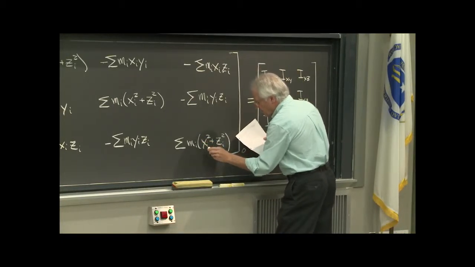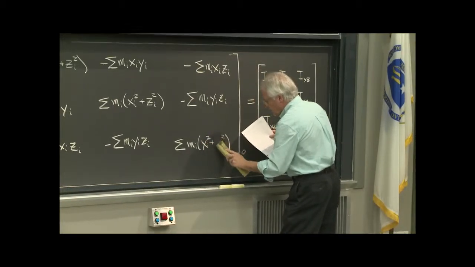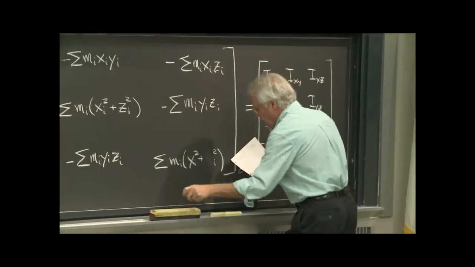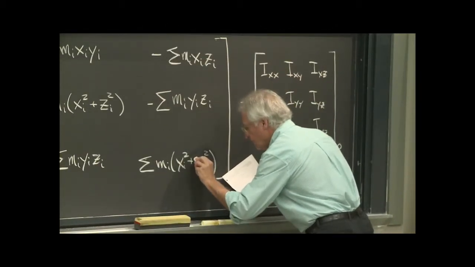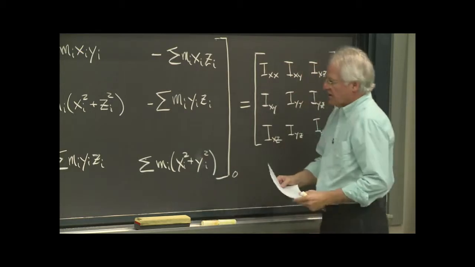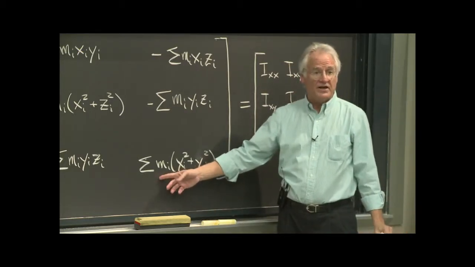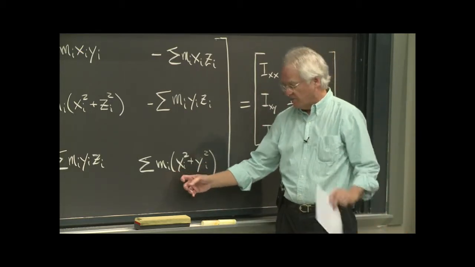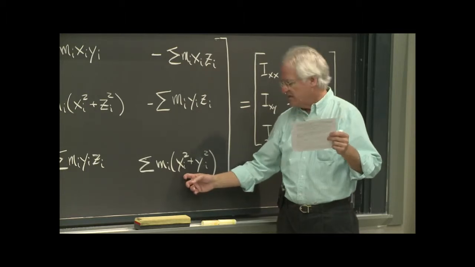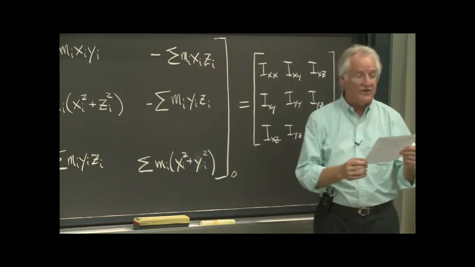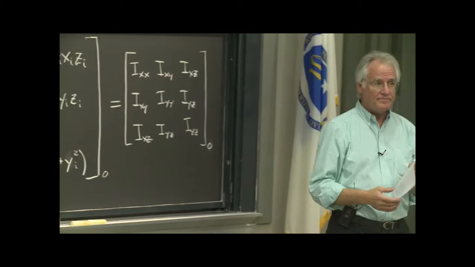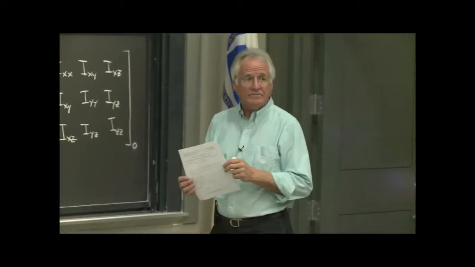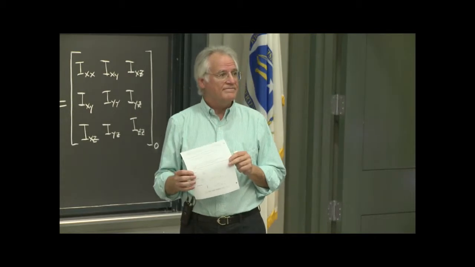Elise very cleverly picked up an error. This last term should read sigma, the summation of m sub I, x sub I squared plus y sub I squared. Fair enough? Okay, thank you. All righty, questions, comments?